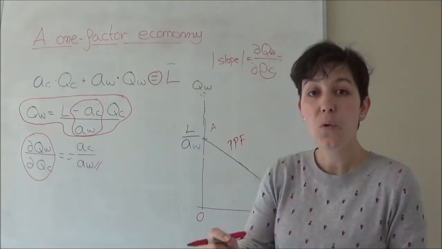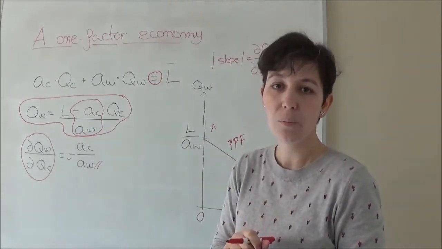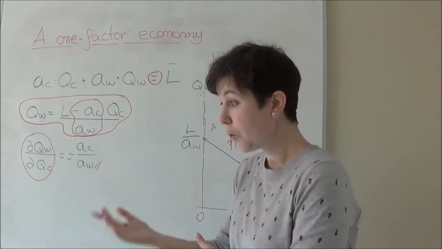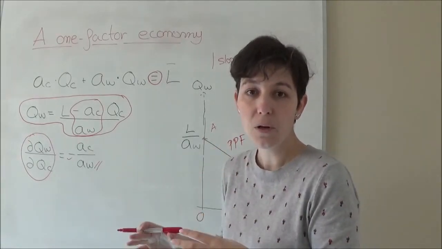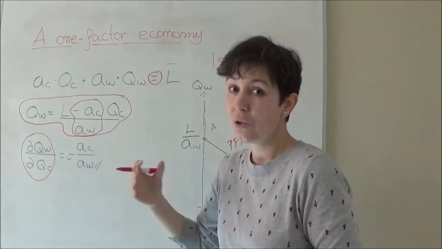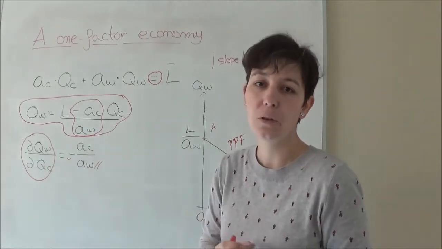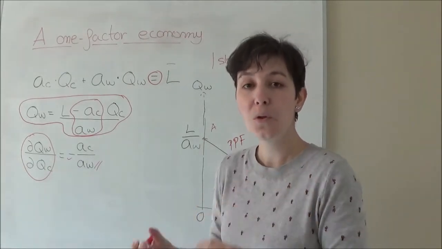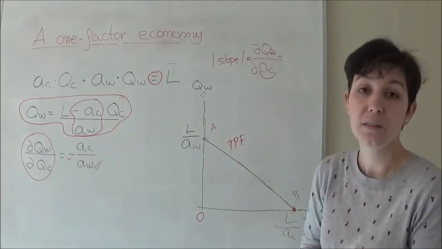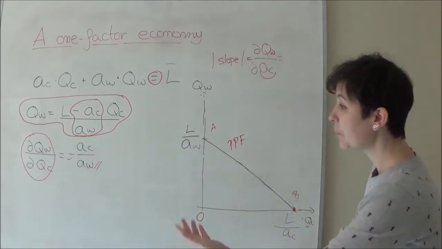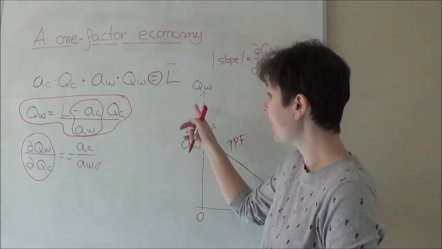So if you want to produce more of one specific good, you have to reduce the production of the other goods, because for producing more you need more labor, and because you are already using all your labor, if you want to use more labor in that industry, you have to take that labor from the other industry. So you are going to produce less of the other industry. That's why this slope is always negative. Okay, and it's the opportunity cost of producing more cheese, because you are producing less wine.